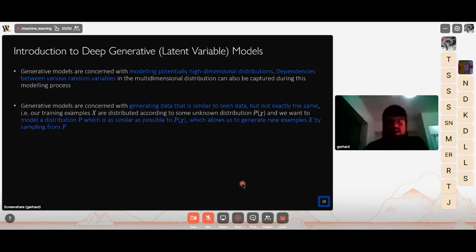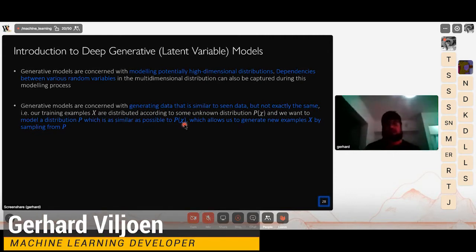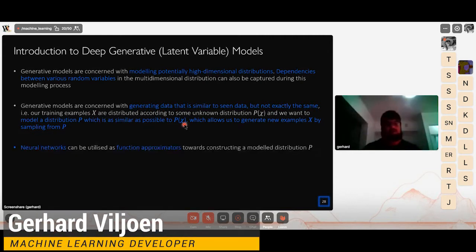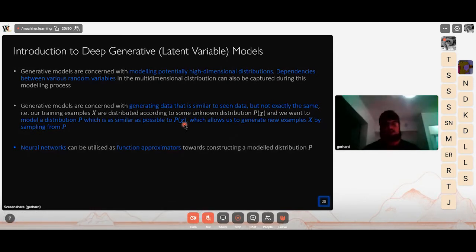Cool. So now that I've given the motivation, I'll talk a bit about the models themselves. So generative models are concerned with modeling high-dimensional distributions and dependencies between those random variables. So we actually want to be able to generate data that is similar to the data that we were training on, but not exactly the same.